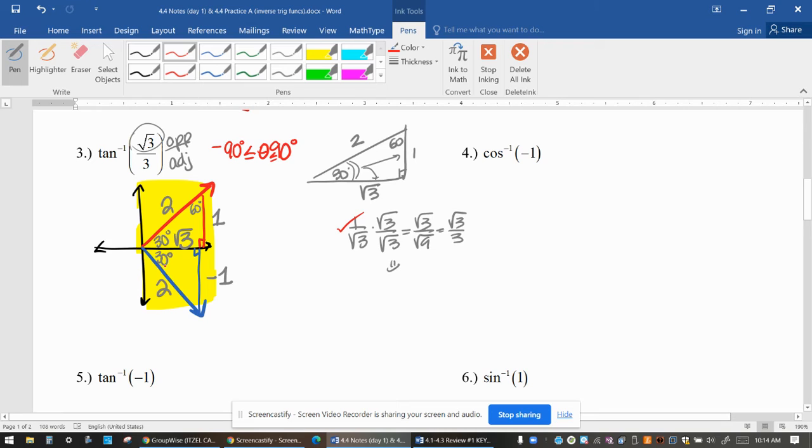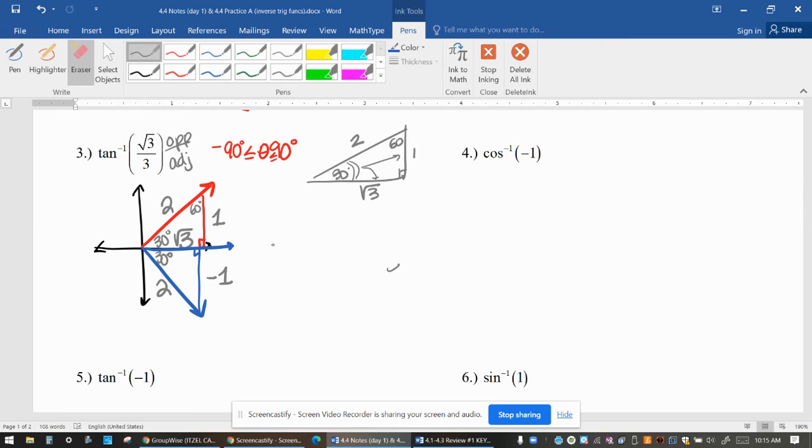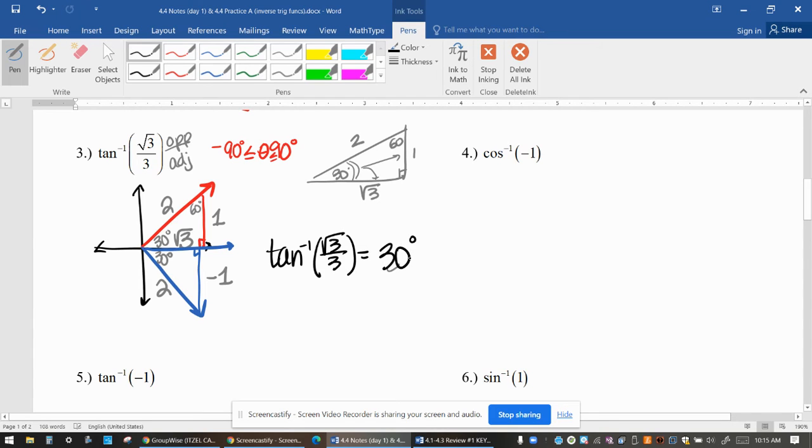I don't want to use negative 30, so look at the right. If I would have used negative 30, then I would have gotten negative root 3 over 3, and that's not what the question was asking. All right, so what angle has a tangent that is positive root 3 over 3? That is 30 degrees.